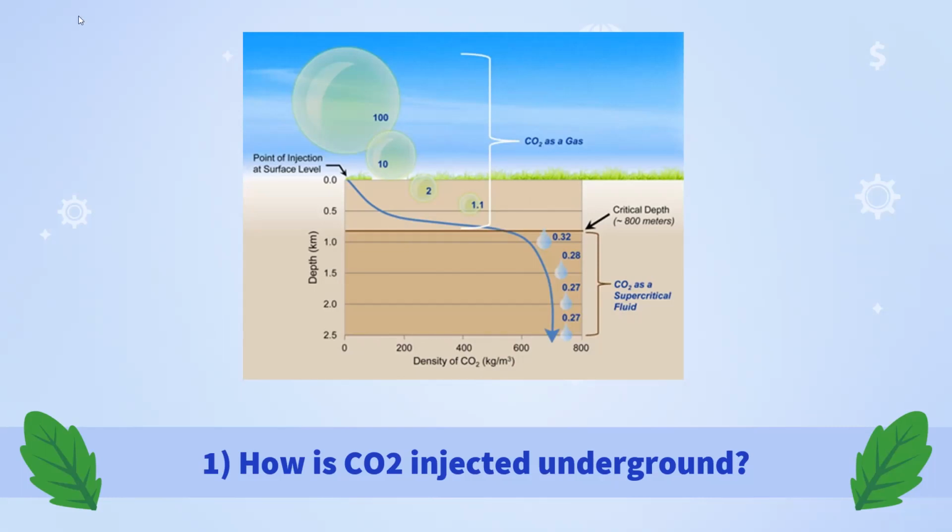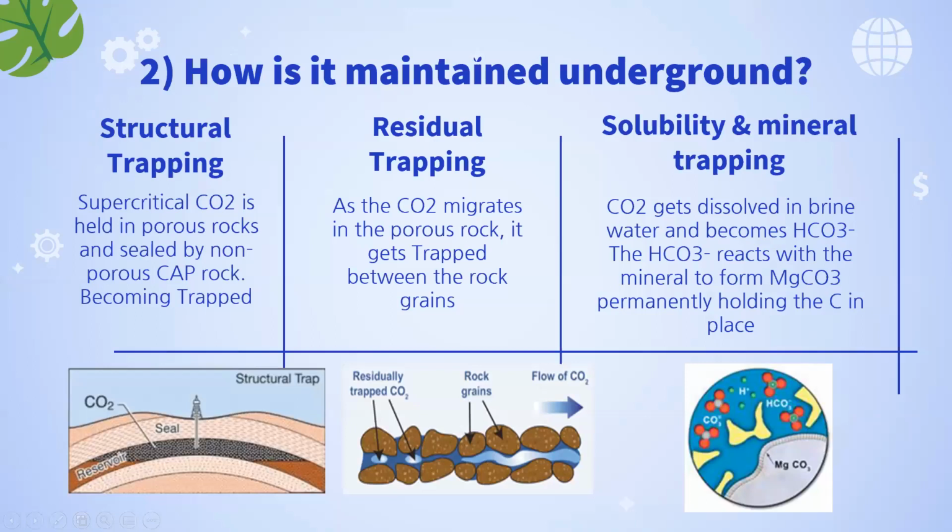Now that we understand a bit how CO2 is injected, it's maintained underground by a couple of mechanisms. First, structural trapping. CO2 is injected, will go into the porous rocks, and since it's buoyant, it will float upwards.